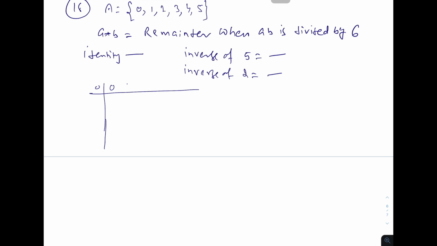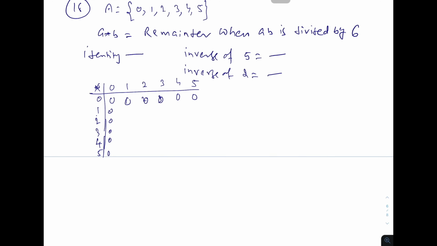This is 0, 1, 2, 3, 4, 5, and 0, 1, 2, 3, 4, 5. 0 star 0 is 0 into 0 divided by 6. So that is 0. So this will be having all 0 here. Similarly here also all 0.